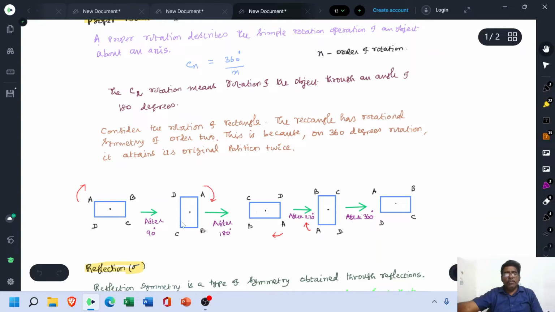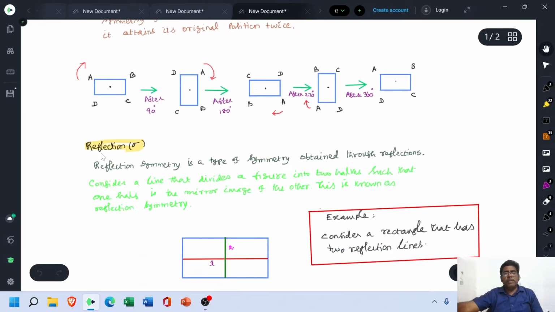After 90 degree of rotation, this is a new position. After 180 degree, the original structure is arrived. After 270 degree, this is the position. After 360 degree, once again we have the original structure. So during the 360 degree rotation, at 2 times we can get the same structure. So we are calling this rotation as C2.